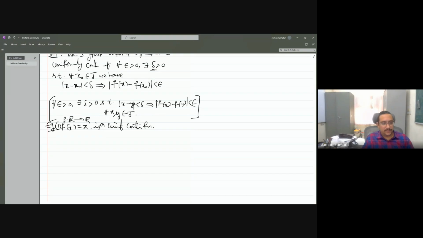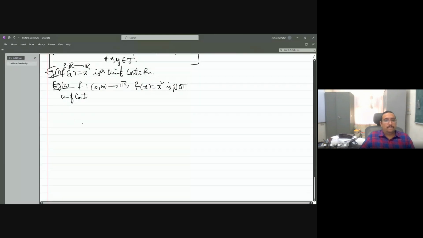Example 2: f from the open interval 0 to infinity to R, f of x equal to x square, is not a uniformly continuous function. This is what we started with.